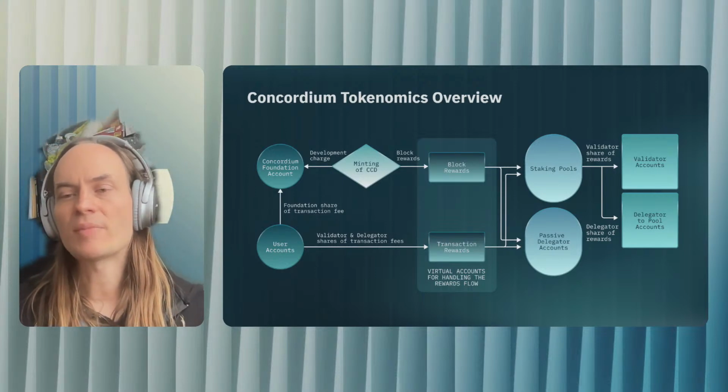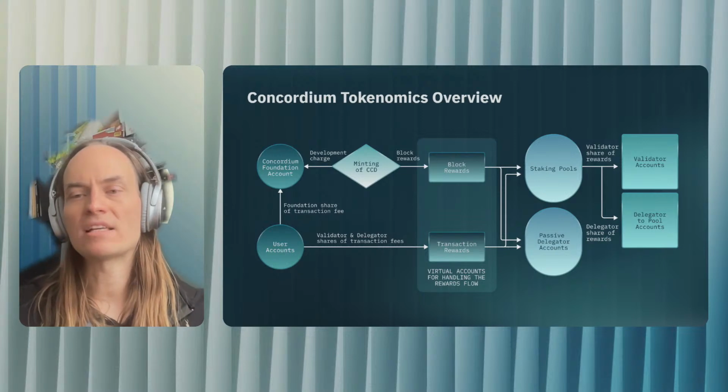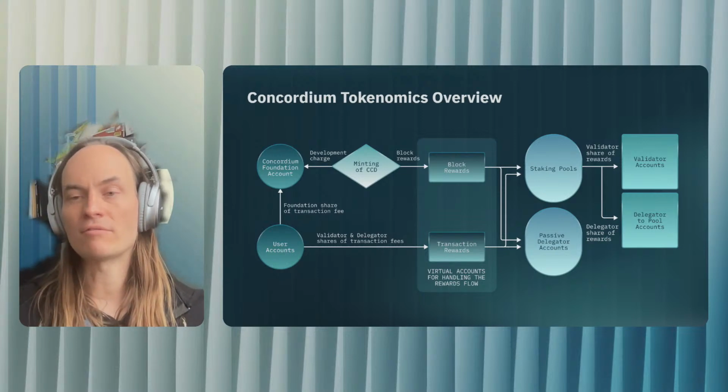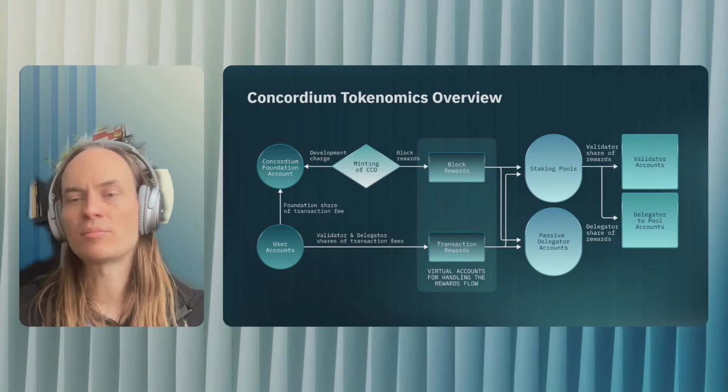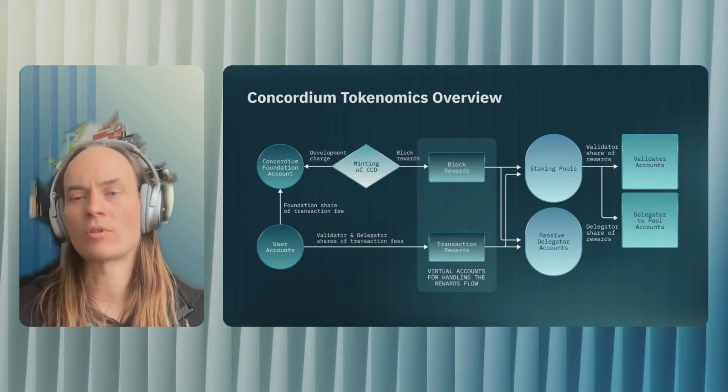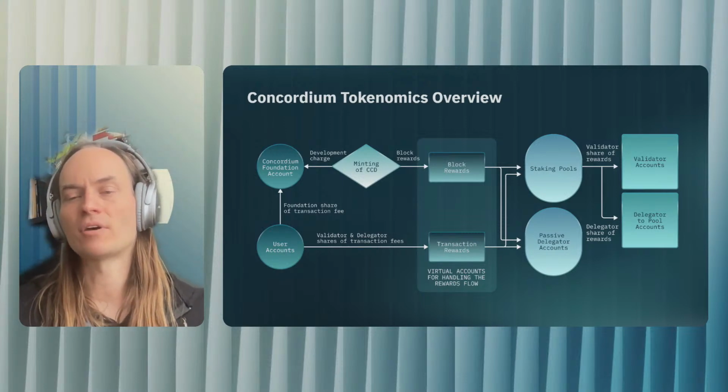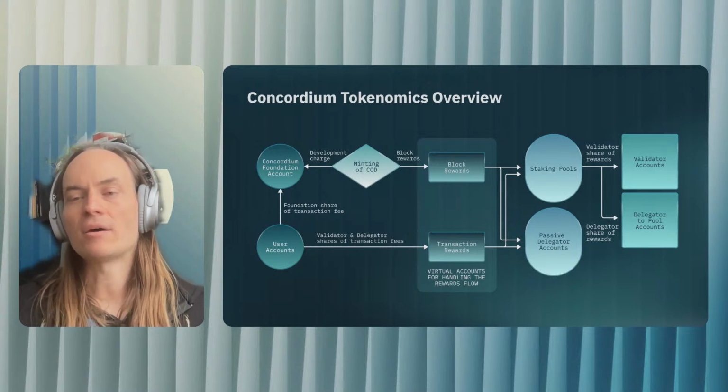These passive delegators essentially get rewards as if they had delegated a little bit to every single pool, so they get a percentage corresponding to how much they've actually staked. The rest is then distributed to the pools. Each time a pool makes a block, at the end of the day they'll get all their rewards for the number of blocks they've done, and they get all the transaction fees from the transactions that were in the blocks they've baked. The pool rewards are then distributed to the validator of the pool, and then to the delegators in the pool.